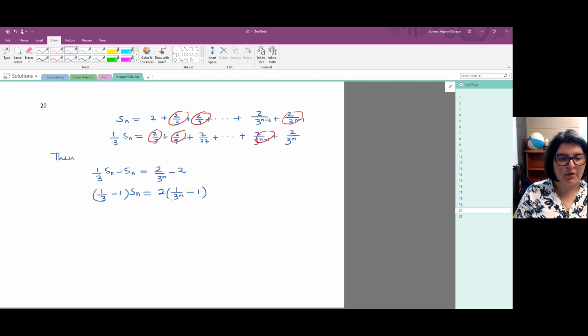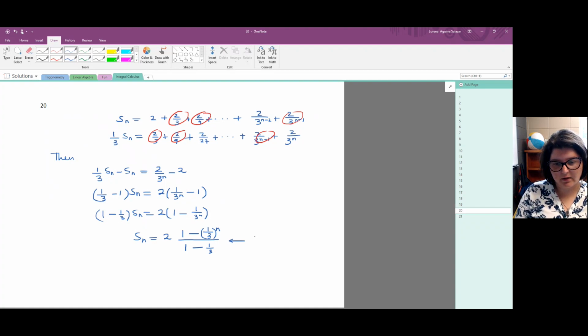We can multiply both sides of the equation by -1 to get 1 minus 1/3 times Sn is equal to 2 times 1 minus 1 over 3 to the n. So Sn is equal to 2 times 1 minus 1 over 3 to the n, and then divided by 1 minus 1/3.